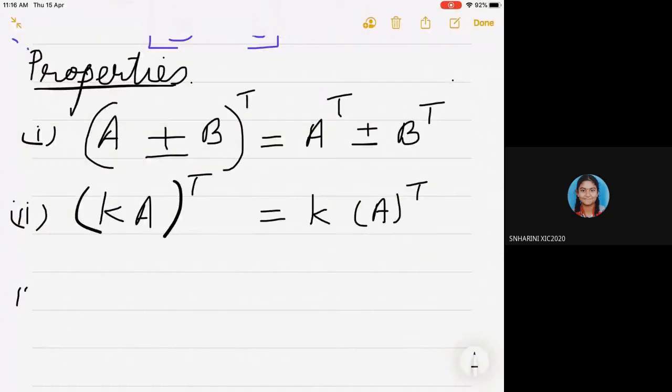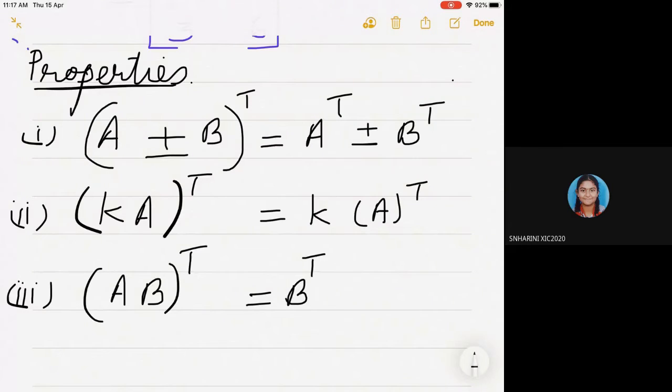The third is very, very important property. That is, if A and B are conformable for multiplication and A into B, the matrix multiplication, if you consider, and then you take the transpose, this is the same as B transpose into A transpose. The second one's transpose is taken first. That is B transpose into A transpose.